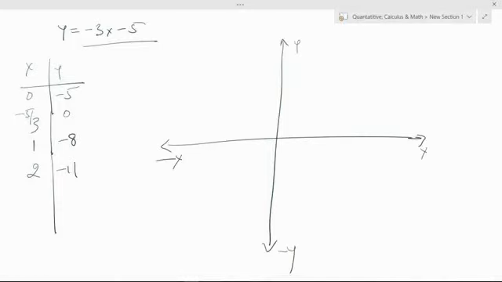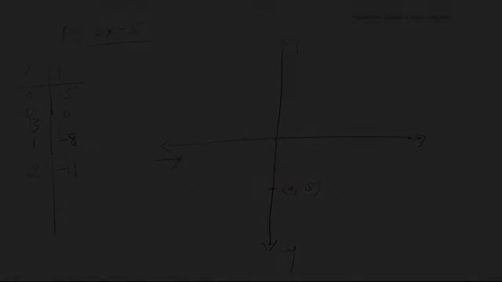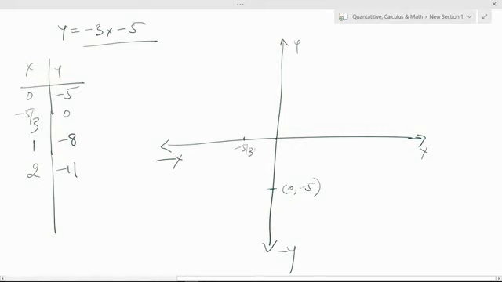So let's understand. Now we are taking x as 0, y is minus 5. If we are going to be plotting this, it is going to be somewhere out here. Let's say 0, minus 5, on the y-axis we go to minus 5. We know x is minus 5 by 3, somewhere out here. Let's say minus 5 by 3, and y is 0.